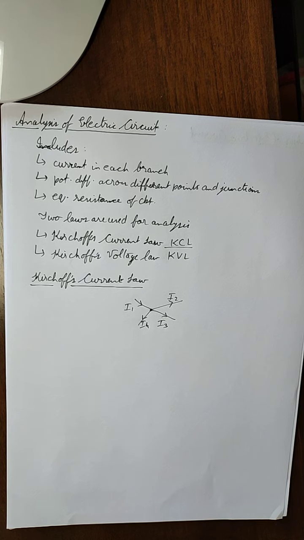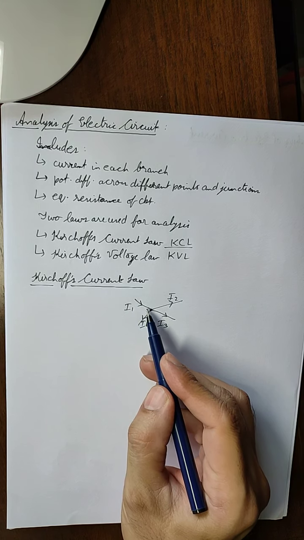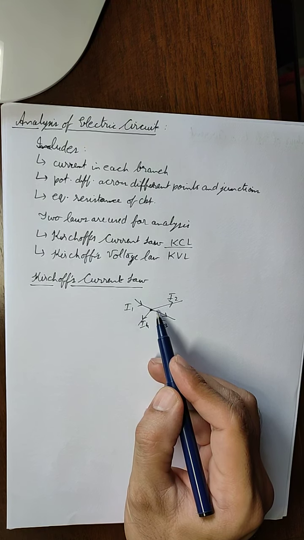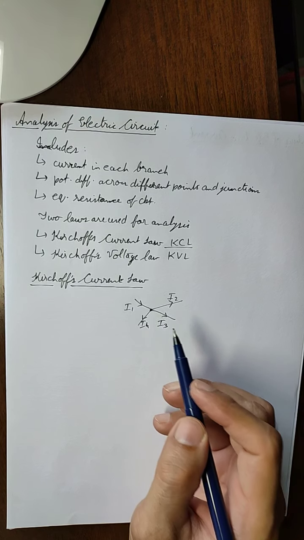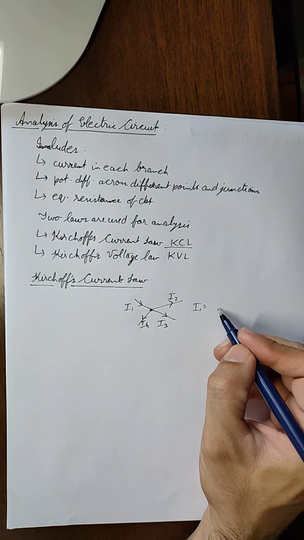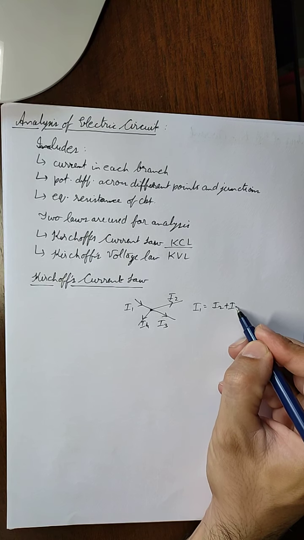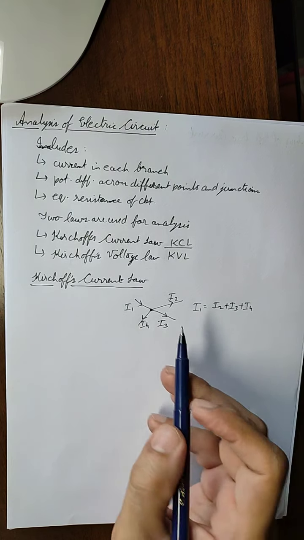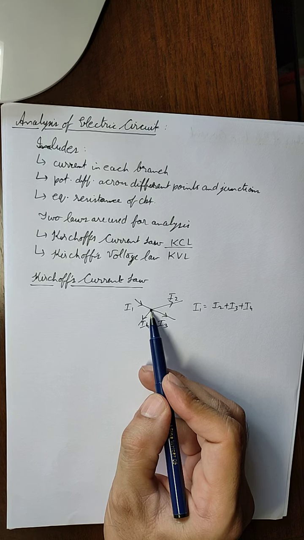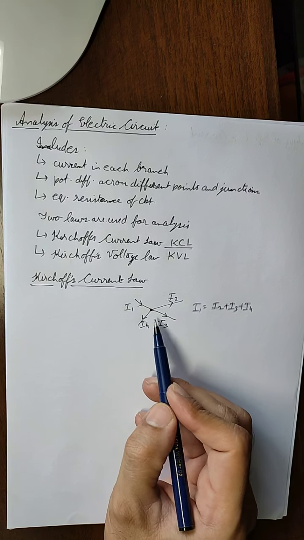Then according to Kirchhoff's current law, all the inward coming current will be equal to the sum of all the outward going current. That is, I1 will be equal to I2 plus I3 plus I4, because I1 is coming towards the junction and at this junction it is divided into three parts.